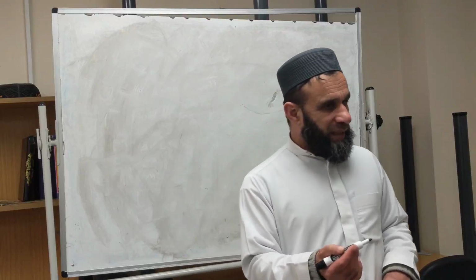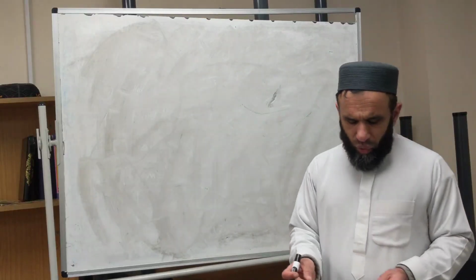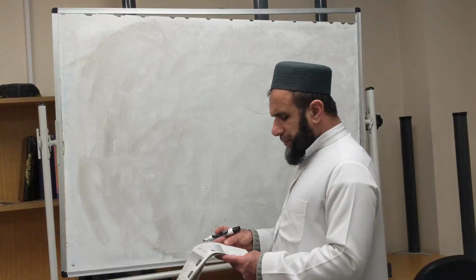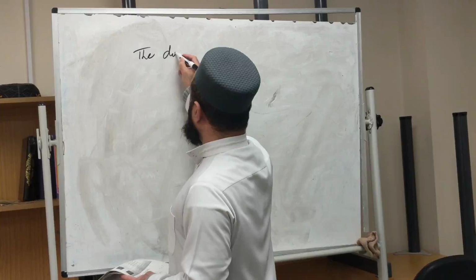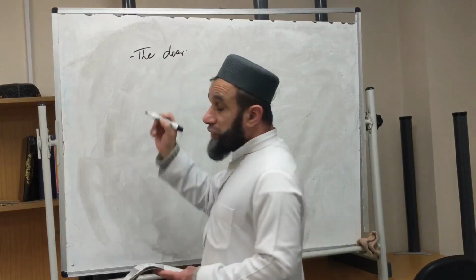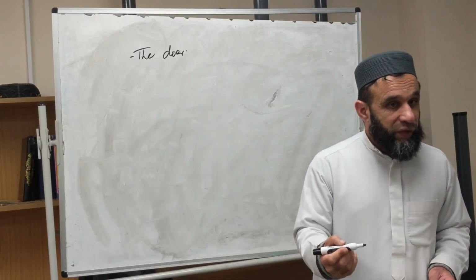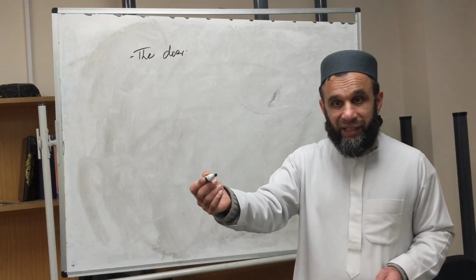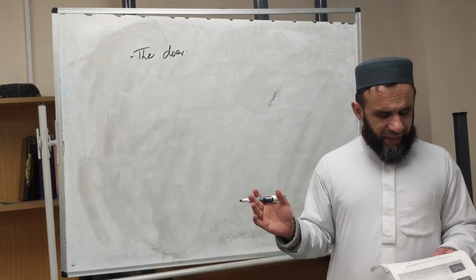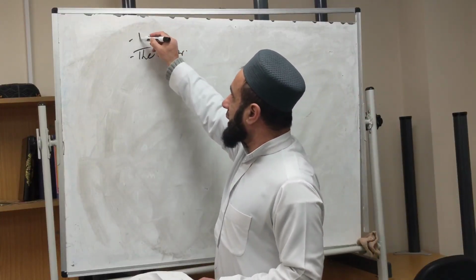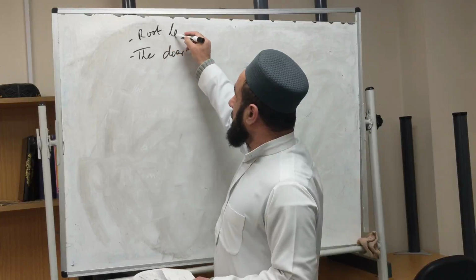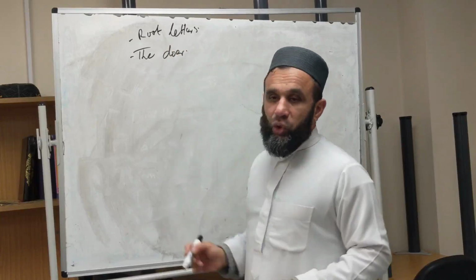From the root letter, because the root letter is the base. You must know basically the doer, which will be inbuilt in the fi'l, which will be zamair, basically the signs, right? And of course, you must know the root letter first. If you don't know the root letters, you will not be able to make fi'l al-madi, basically.